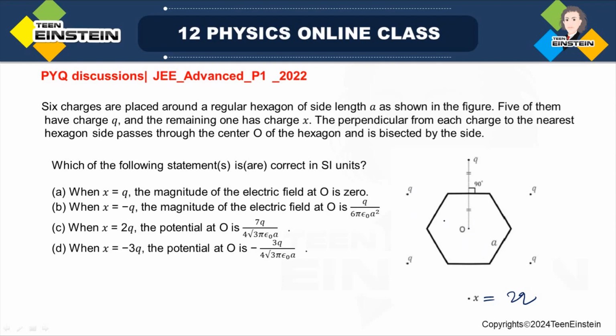So here in this case, each of these 5 will create equal potential. So all these 5 will create 5q by 4 pi epsilon naught into root over 3 into a. So this is for all 5.